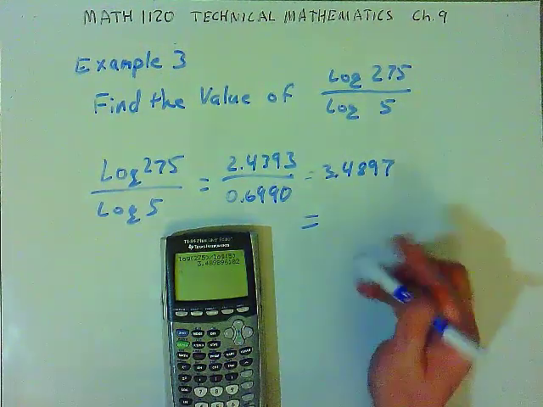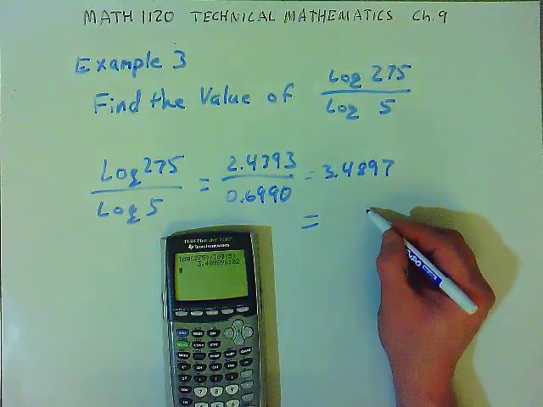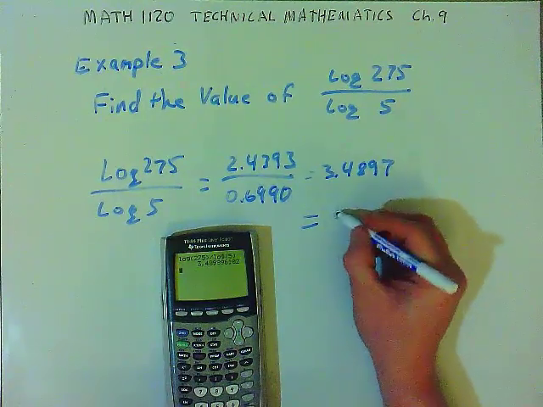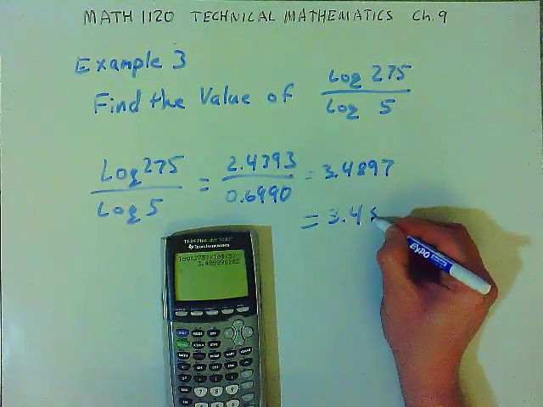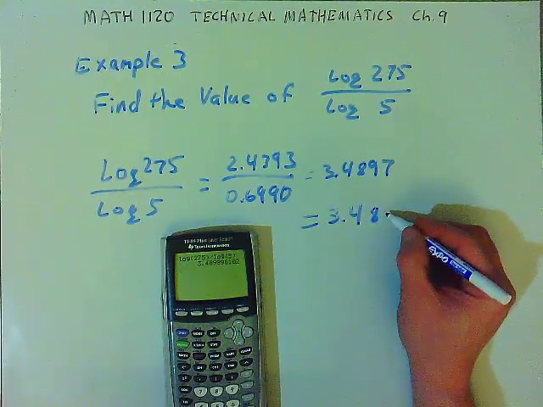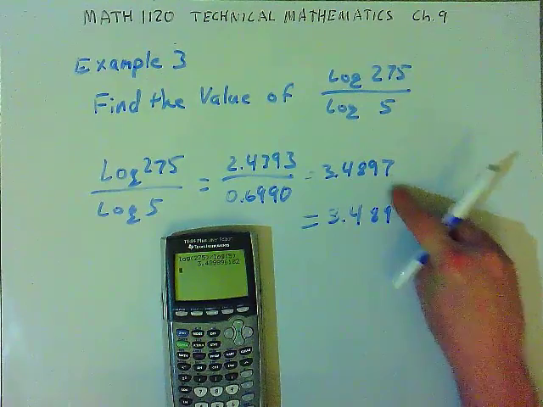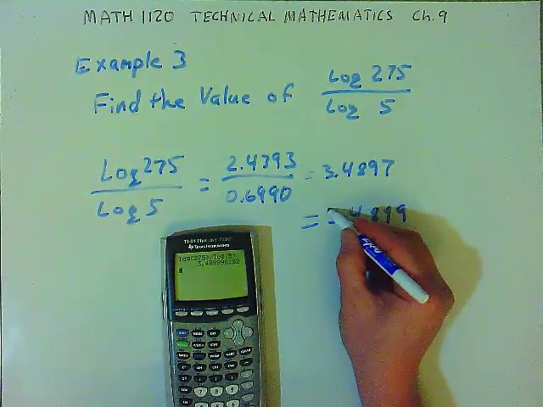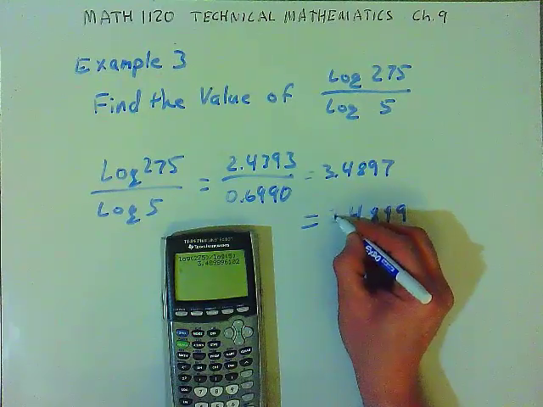So I get 3.4898, which is going to round to 3.4899. So you see I got a slightly different answer because I rounded my first answers a little bit too soon.